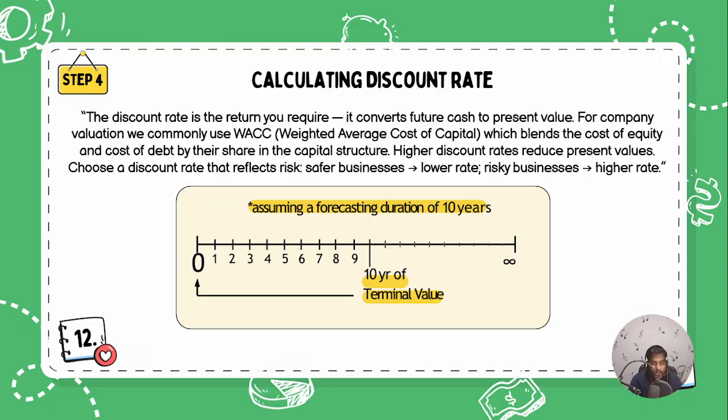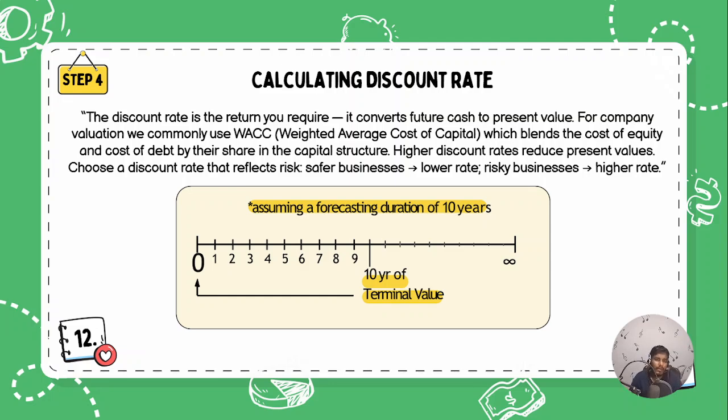For company valuation, we commonly use the weighted average cost of capital model, which I have also explained previously. We also have a big lecture on cost of capital, where I explained cost of capital, cost of equity, cost of debt, cost of retained earnings. It's easy, you can just watch that video, and everything is nothing but the weighted average cost of capital.